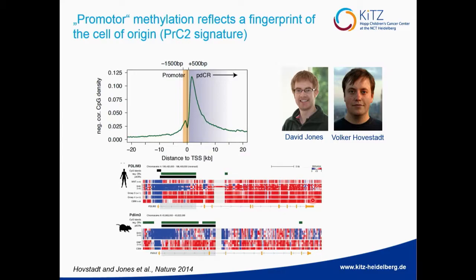And one of the things that we found quite striking when we started this, because everyone has been talking about promoter hypermethylation and downregulation of genes in cancer, is that when you look at this in a genome-wide fashion and integrate DNA methylation patterns with RNA expression patterns, the peak that you get between differentially methylated genes and differentially expressed genes across the genome is actually quite small in the promoter region.